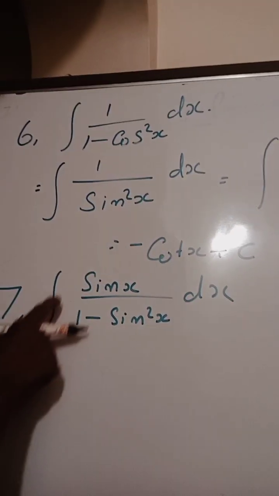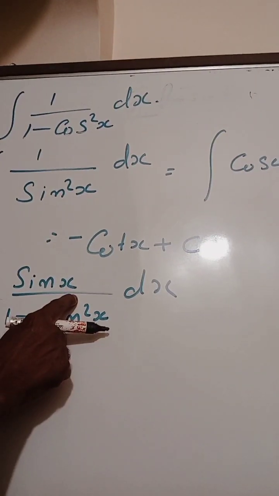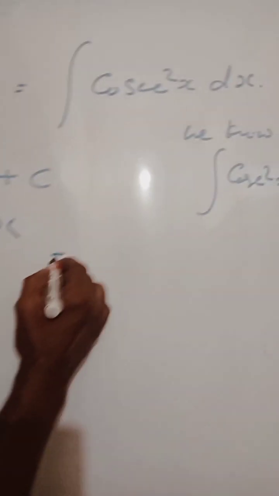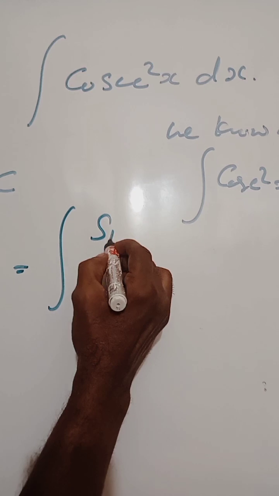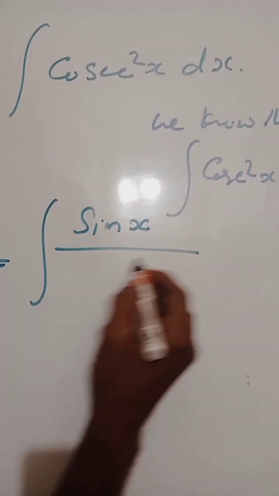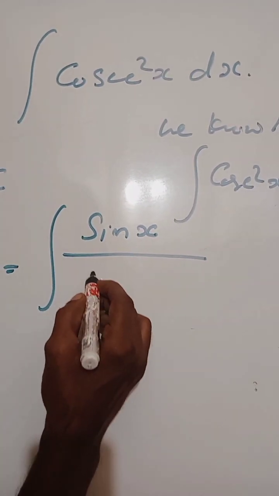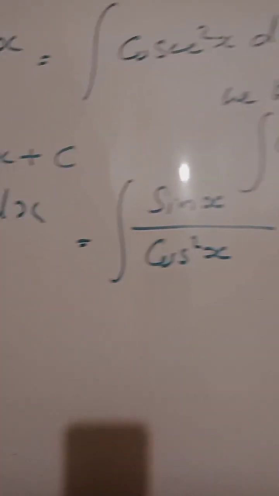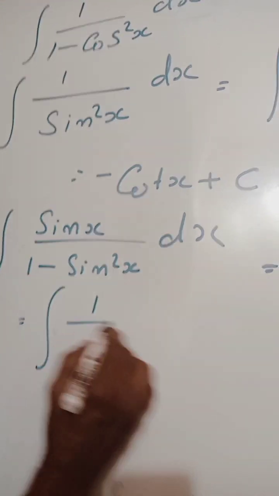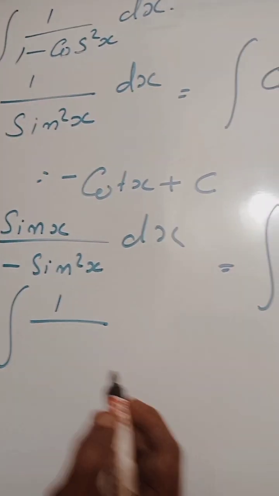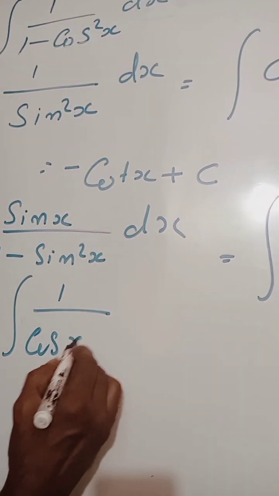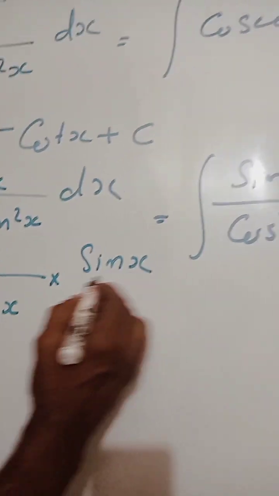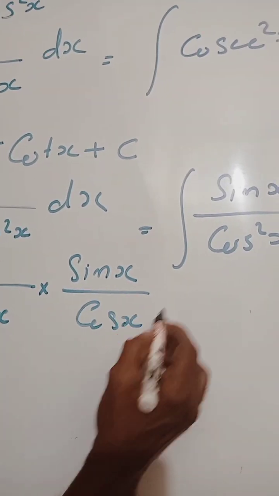Seventh question. Integration of sin x divided by 1 minus sin square x dx. This is equal to integration of sin x divided by, 1 minus sin square x is equal to cos square x, dx. Equal to integration of 1 by cos, we split into cos x and cos x, into 1 by cos x into sin x by cos x dx.